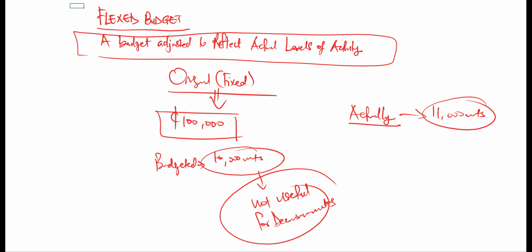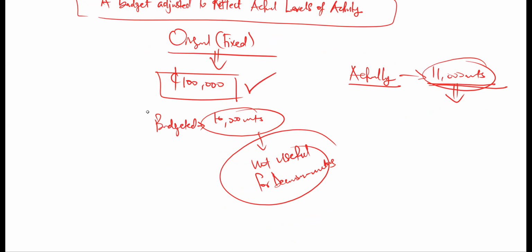Yes, because we have been able to produce 11,000 units, that means the 10,000 that we used to group this is not relevant for decision making. So that is when a flex budget comes in. What we do is take the same 100,000 and get our budgeted cost per unit. Now, anytime you divide the budget into per unit terms, we call it the standard cost. What did I say?